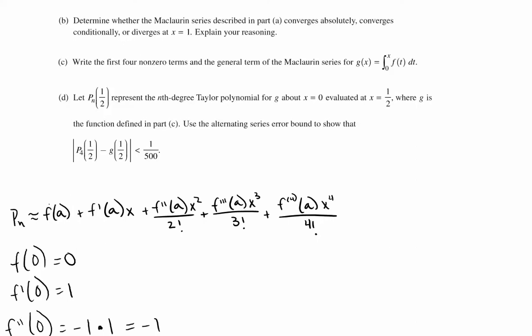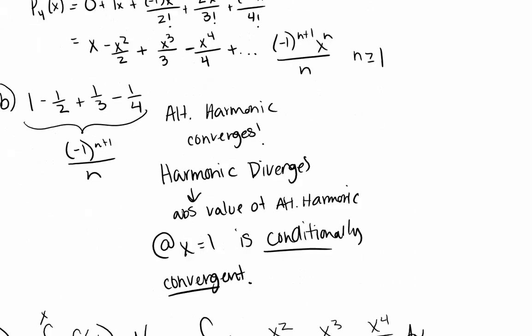Finally, part D says let Pn of 1/2 represent the nth degree Taylor polynomial for g about x equals 0 evaluated at x equals 1/2, where g is the function that we found in part C. And it says use the alternating series error bound to show that P4 of 1/2 minus g of 1/2 is less than 1/500.